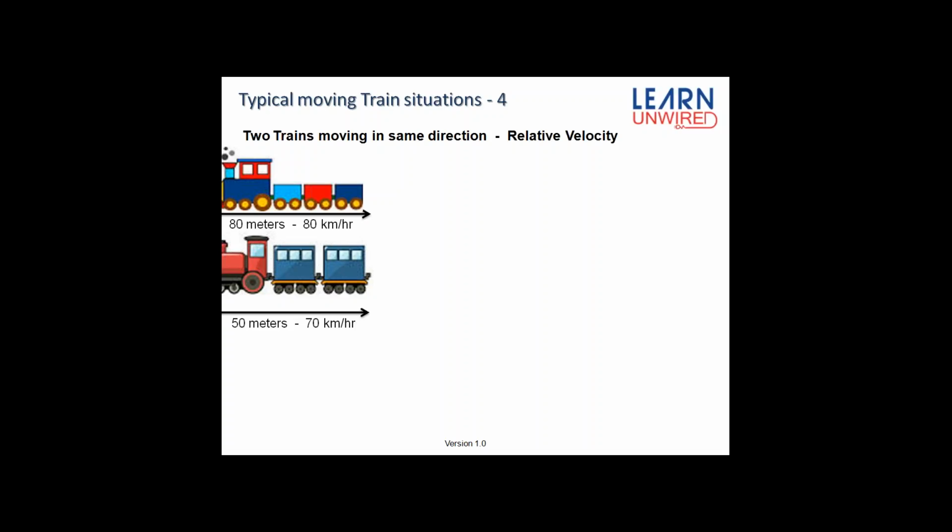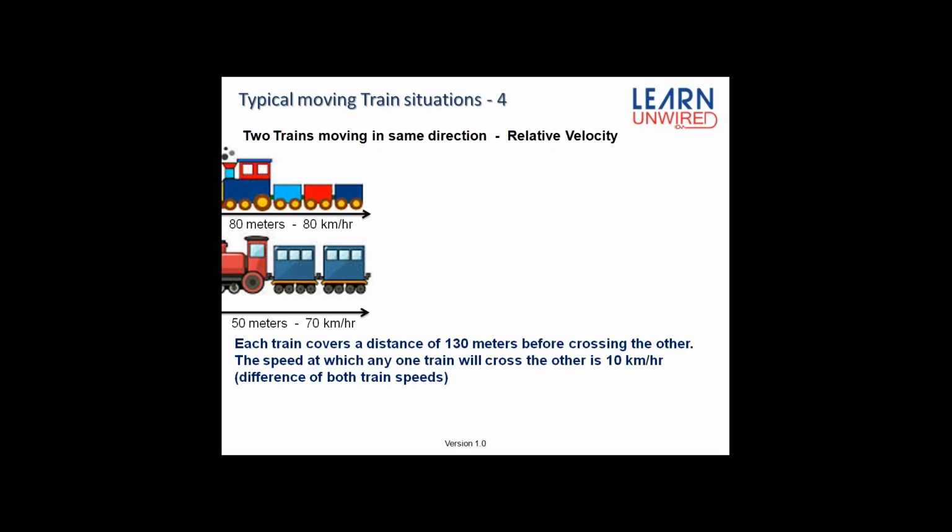So the faster train will cross the slower train at a speed of 10 kilometers per hour. Each train covers a distance of 130 meters before crossing the other. The speed at which any one train will cross the other is 10 kilometers per hour, which is the difference of both train speeds. The situation is the same when a train crosses any other running object in the same direction.